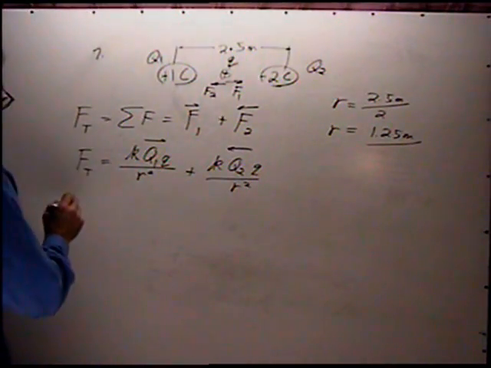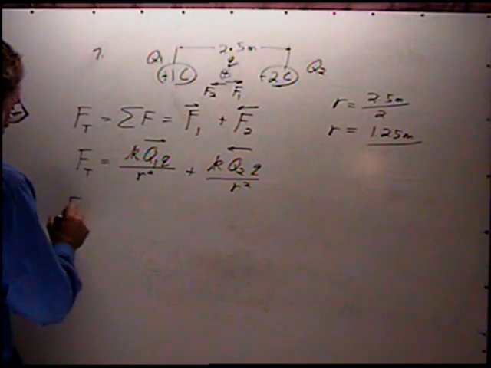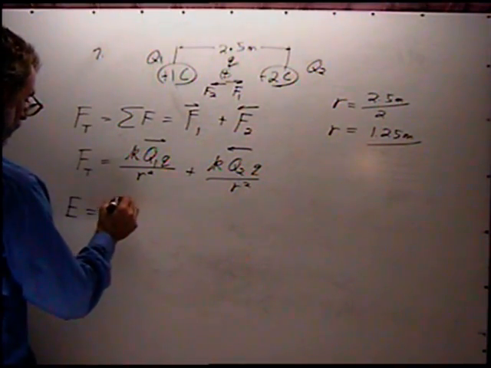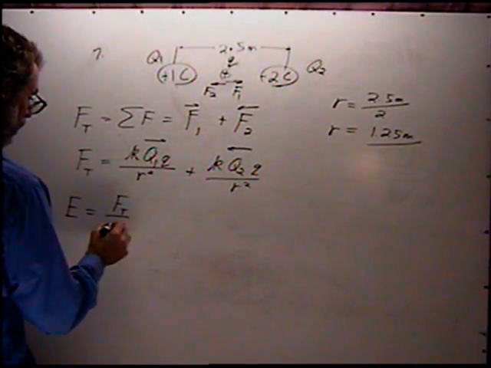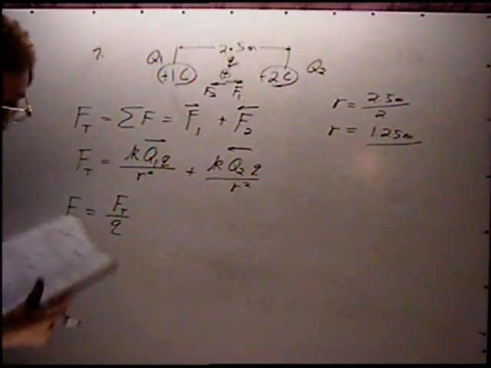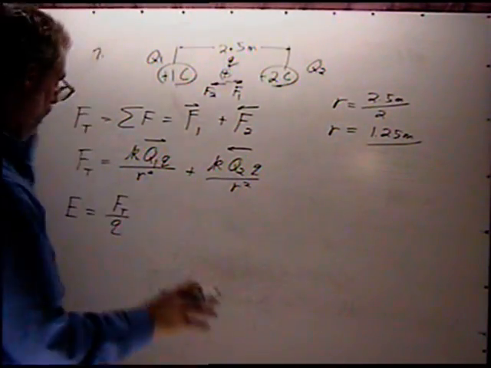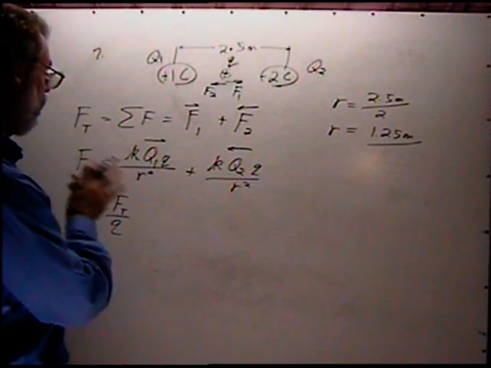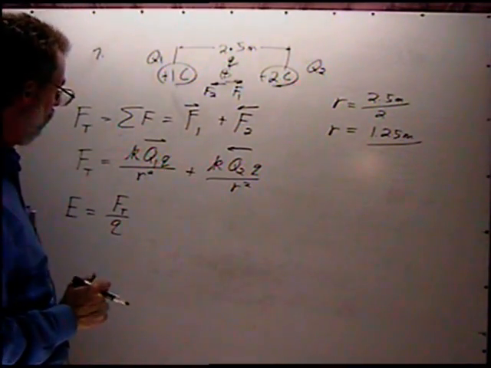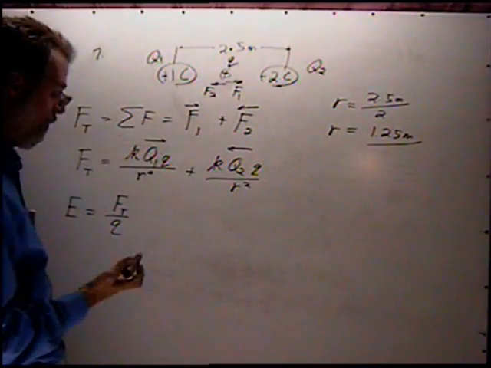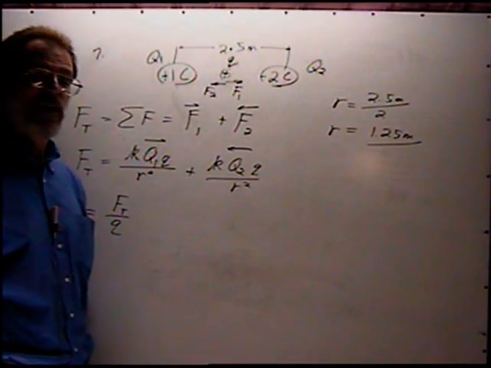Now the electric field at that point is simply the total force divided by Q. So notice now I can go ahead and calculate these two forces and add them up, but I don't even really have to do that.